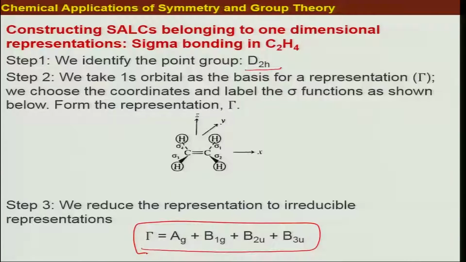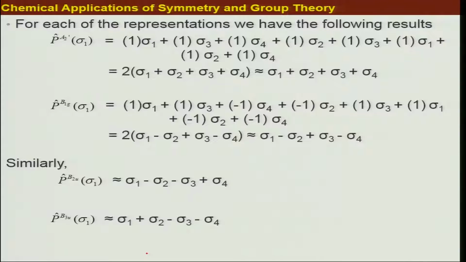Okay, so in the next step, here it is not A2 prime, so this is P of Ag. We have taken these basis functions, the bond vectors sigma 1, sigma 2, sigma 3, sigma 4.